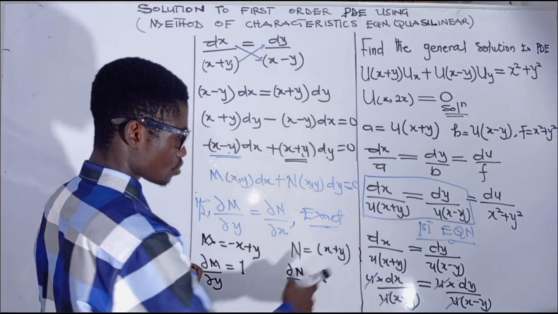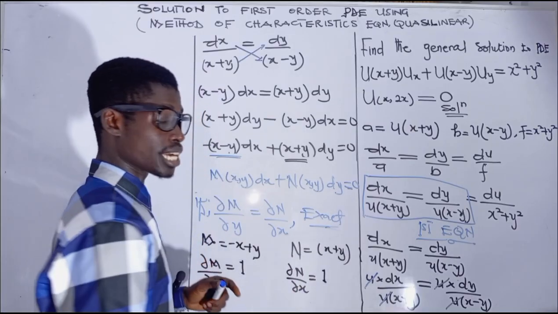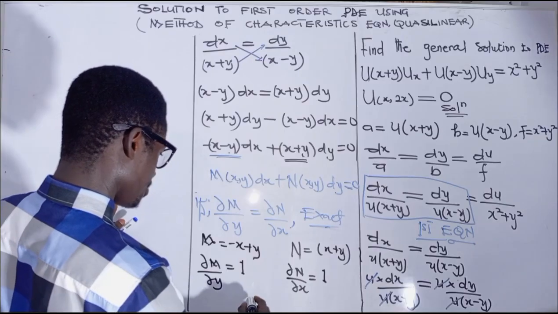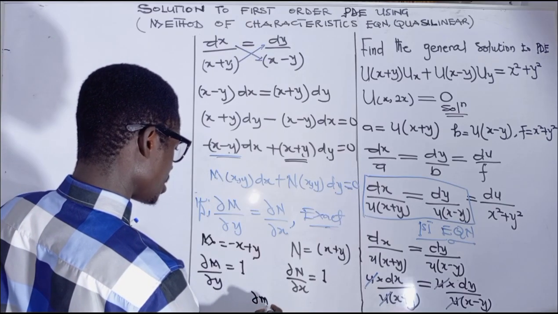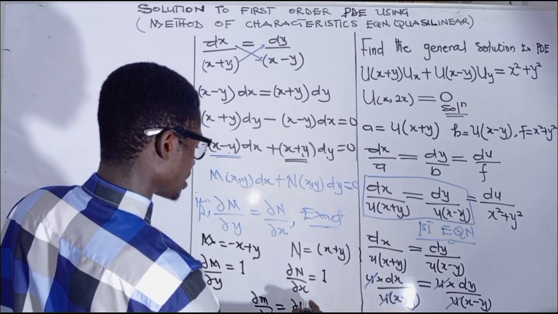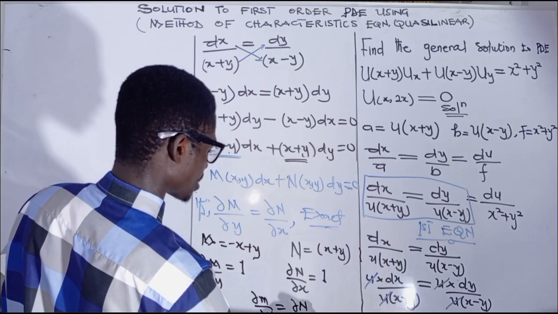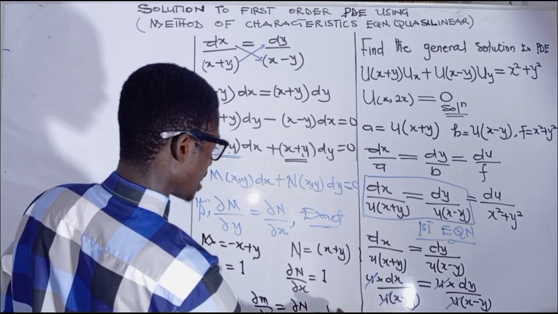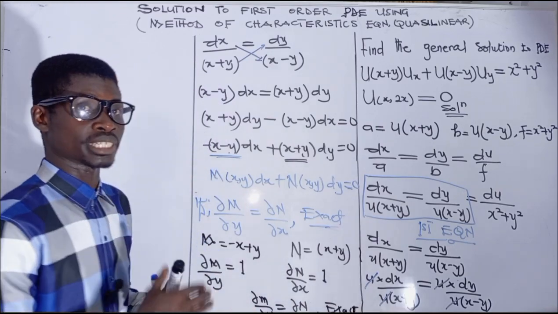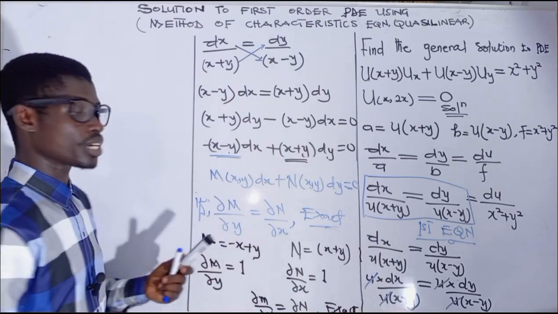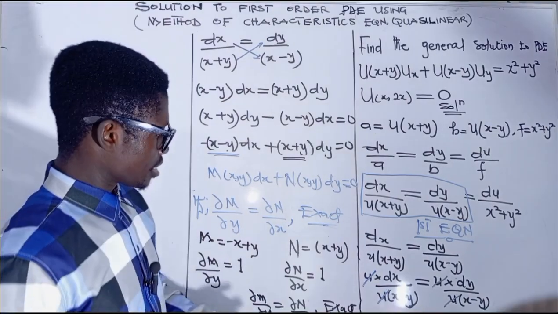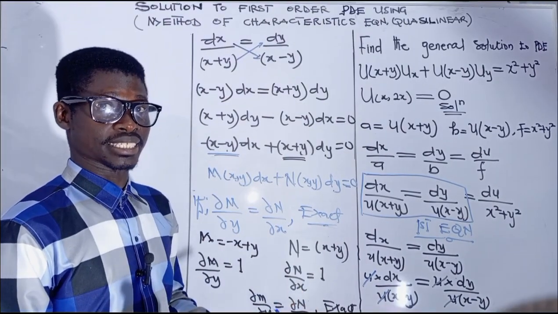And then when we differentiate y with respect to x, we get 0, because y becomes a constant. So from here, we can see that del M del y is equal to del N del x. So we can say that the equation is exact. If it is exact, then we are going to base on its exactness to find the solution to this differential equation.